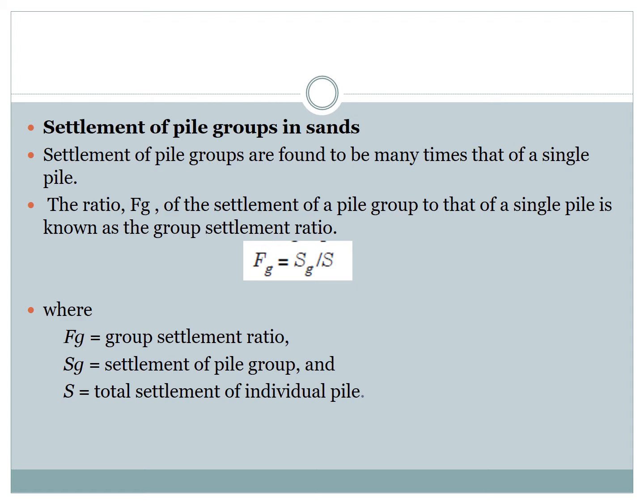Okay, so the settlement of pile group is found to be many times that of single pile, and the ratio of the settlement of pile group to that of single pile is known as the group settlement ratio. Here is the equation for settlement of pile groups in sand, where Fg is the group settlement ratio, Sg is the settlement of pile group, and S is the total settlement of individual pile.